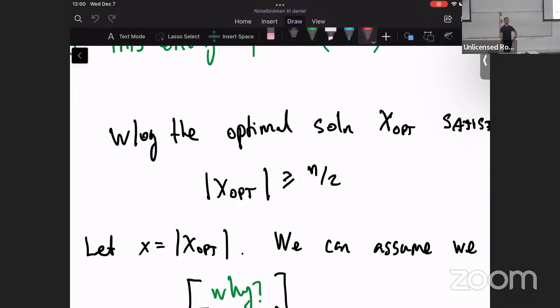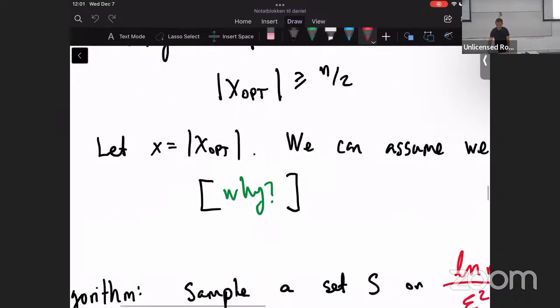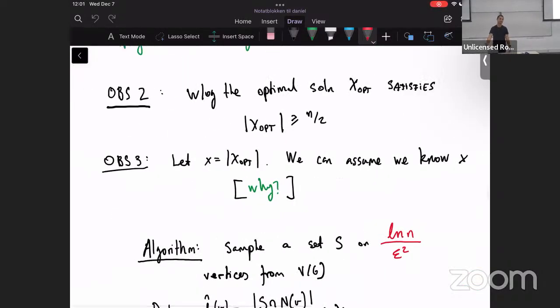If I have a really small cut side, then taking the complement set, the remaining set, is also a solution with the same quality. If I have a left side and a right side, and the left side is small, then the big side has the same cut. Now let x be the size of the cut side. We can assume that we know it. We can just try all possibilities, run the algorithm for all choices of our guess, and then for one of them, it's going to be correct.